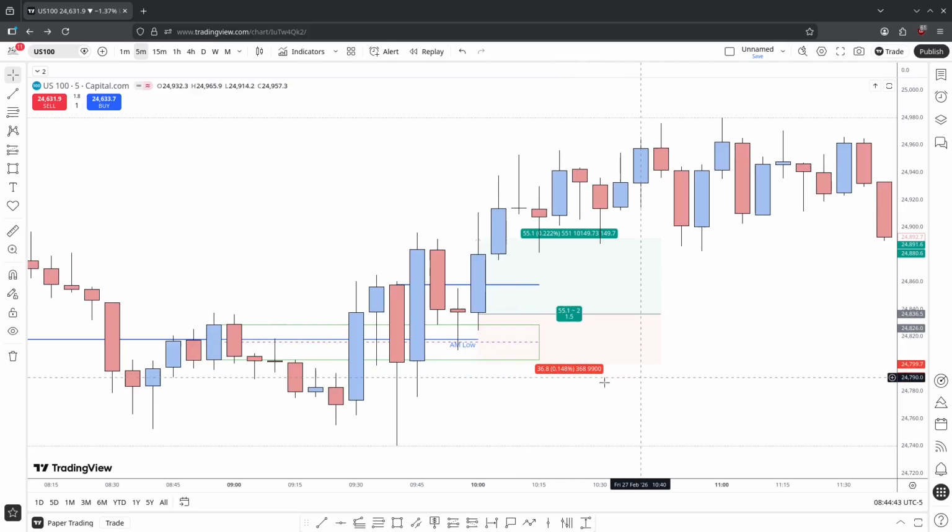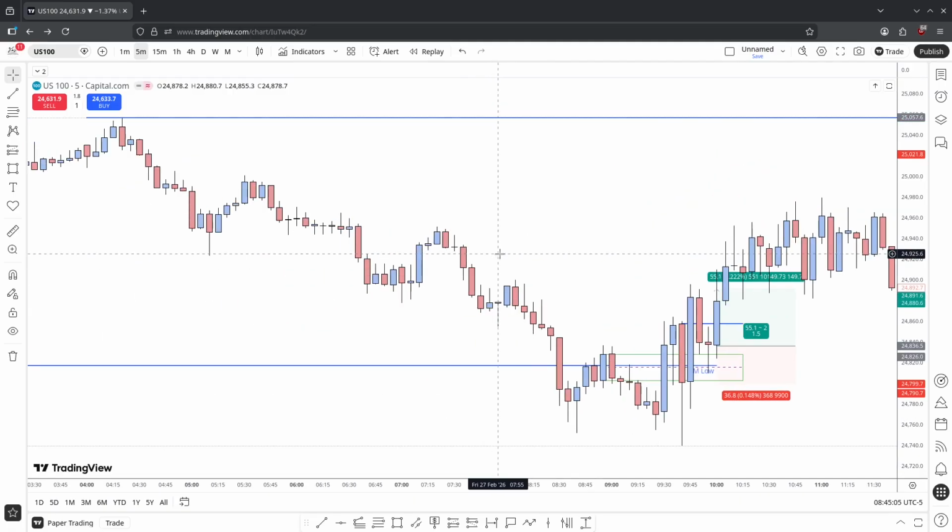So one last tap here before the rally. Entry could be here, stop could be pretty much below this order block, below the breaker block. And then you'll be targeting 22% or 10 handles. And that's the trade done and dusted right there.